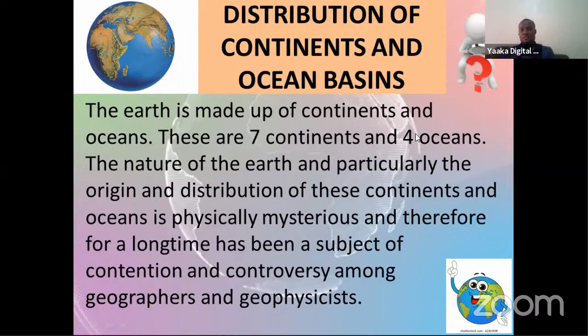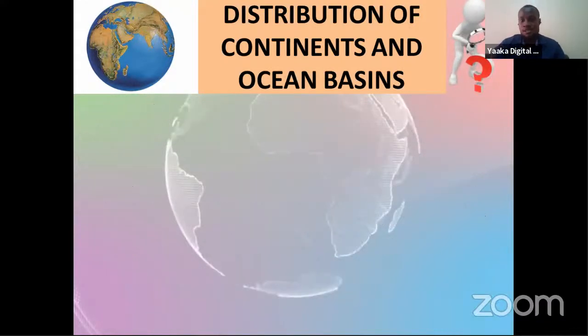Others oppose themselves, others come to conclusions. They try to give evidence to support their theories. Above all, we shall look at continental drift to know the origin of these continents and ocean basins. Okay, next slide.